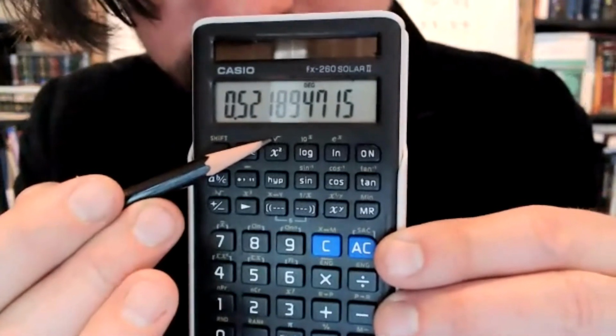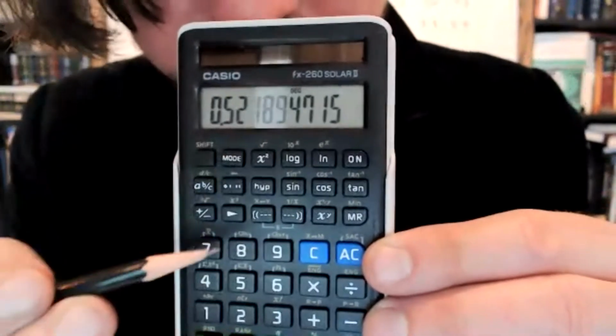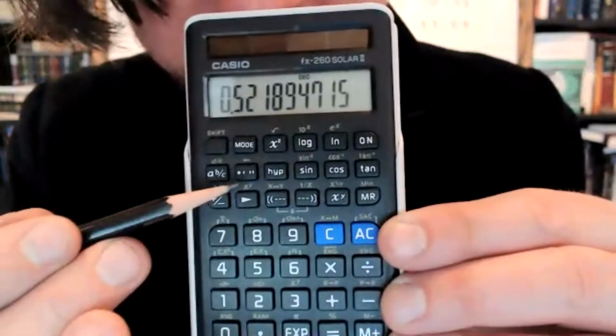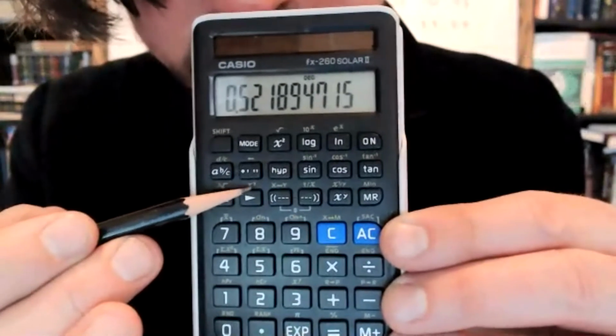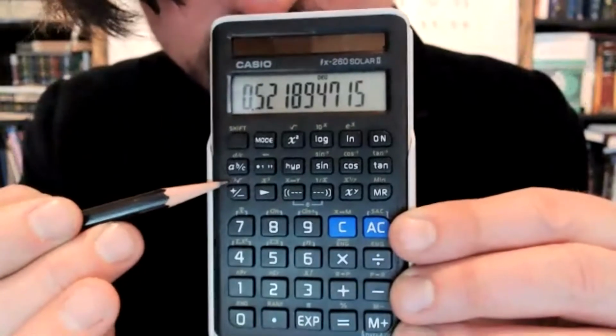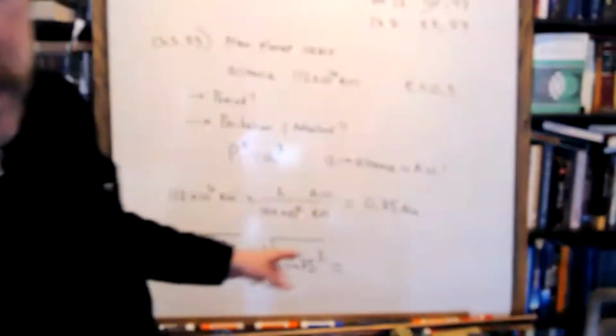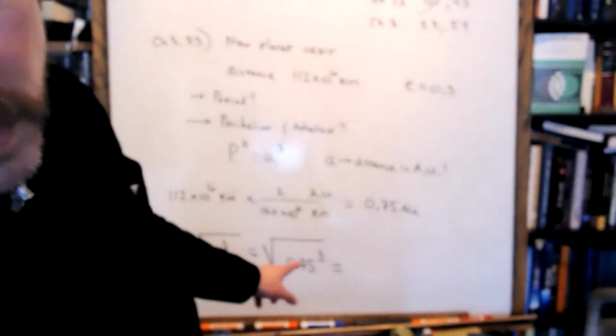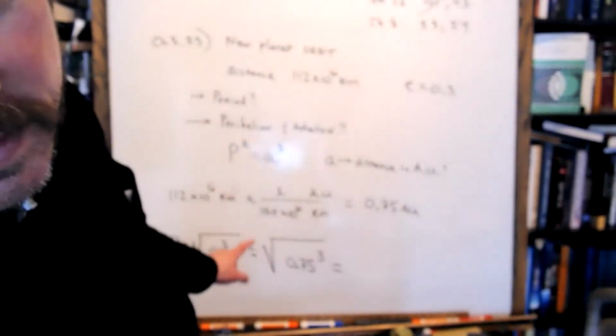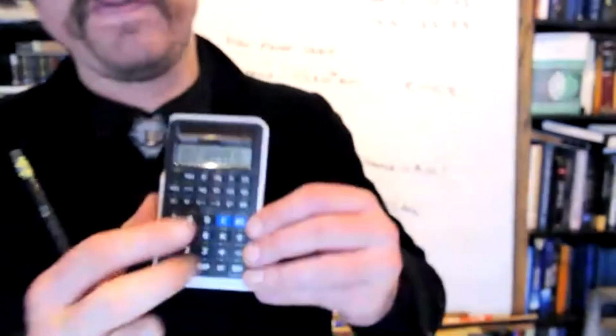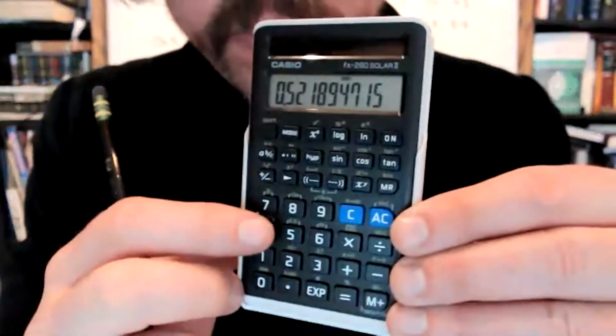Above it in orange is the square root key. And I want you to notice over here, that's your x cube key, and this is your cube root key, okay? Now our job is to do 0.75 cubed, and then we're gonna square root it.